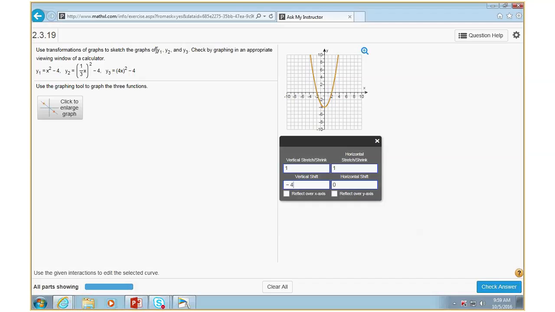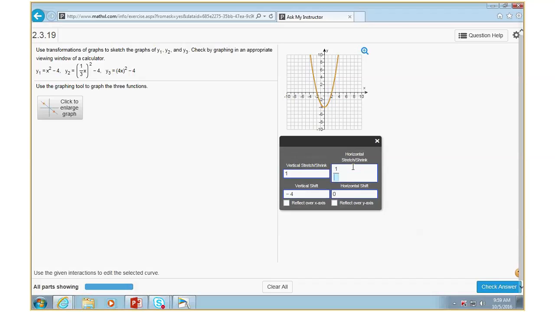On the x-axis, because it makes it wider. So you've got to say, okay, I want a vertical stretch. No, vertical stretch would make it what? Skinny. Horizontal stretch of 1/9.